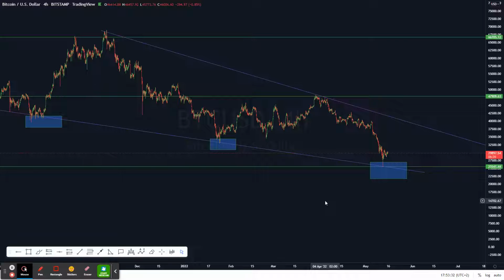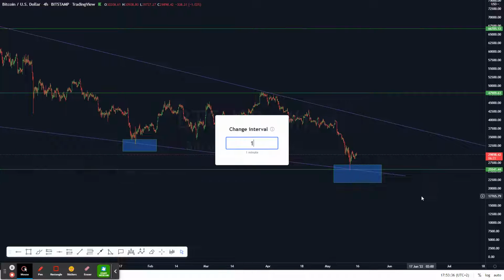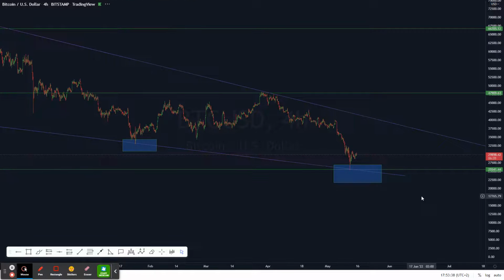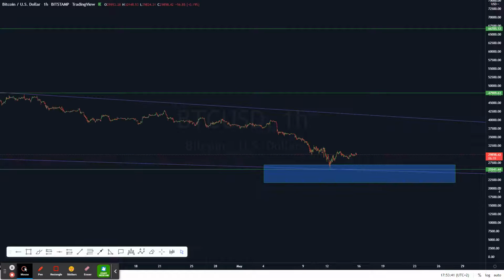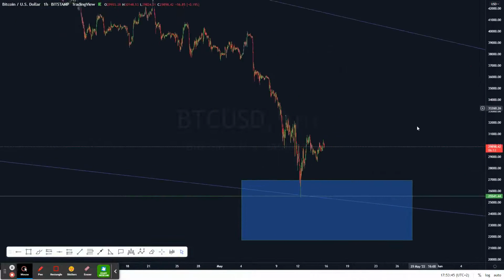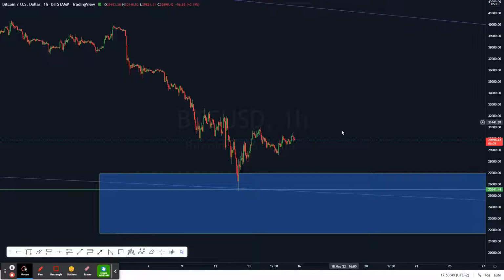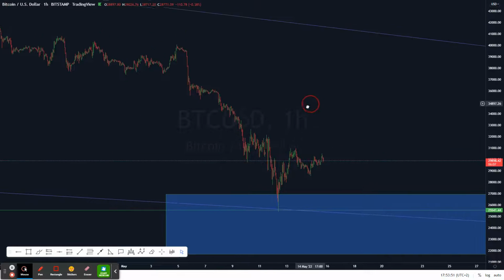There's nothing really major, but looking at some levels, let's go to the 1 hour time frame. This will give us where we should be looking and the last big move by Bitcoin.